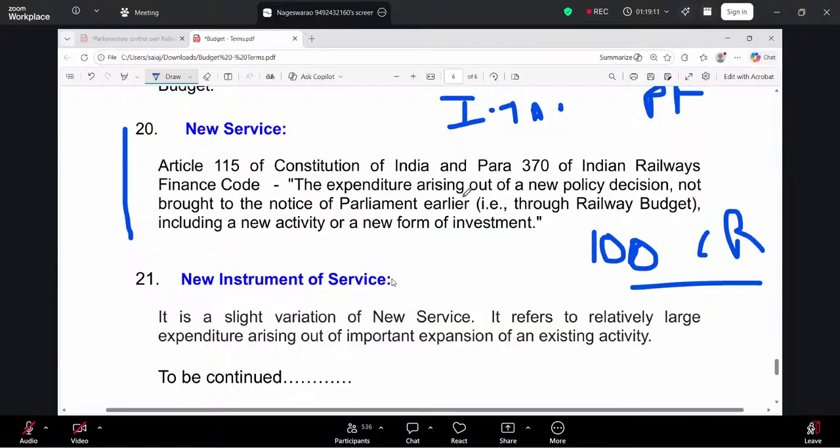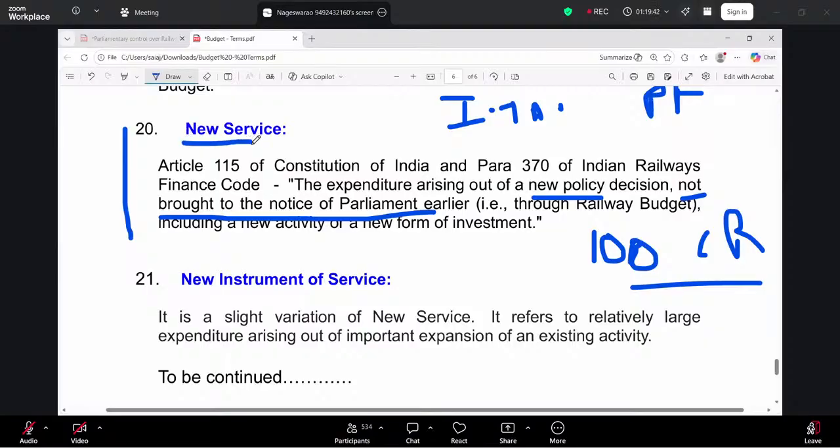The expenditure arising out of a new policy not brought to the notice of Parliament earlier. That means at the time of budget, we did not mention this activity. But during the course of the financial year this amount is required because the Prime Minister, on the request of a local parliament member, sanctioned 200 crores on a project. So that is called new service.